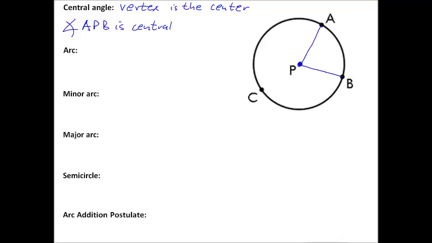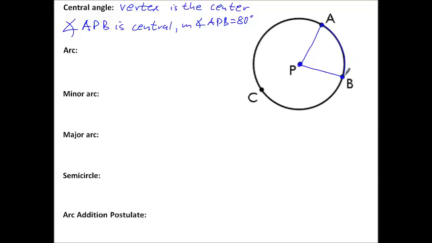And if I look at this angle and want to determine the measurement, I can see that it's less than a right angle. So I'm going to say this angle has a measurement of 80 degrees, and we will need that measurement later.